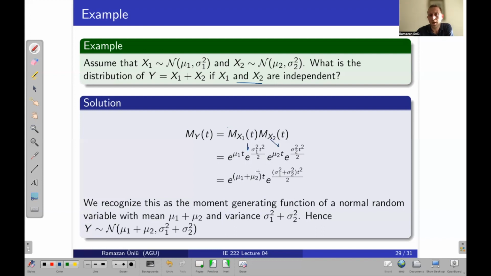At the end we get e to the (mu1 plus mu2) times t times e to the (sigma1 squared plus sigma2 squared) times t squared divided by 2. That means the new variable y is normally distributed with the parameters mu1 plus mu2 and sigma1 squared plus sigma2 squared. So that is how we can use the MGF.